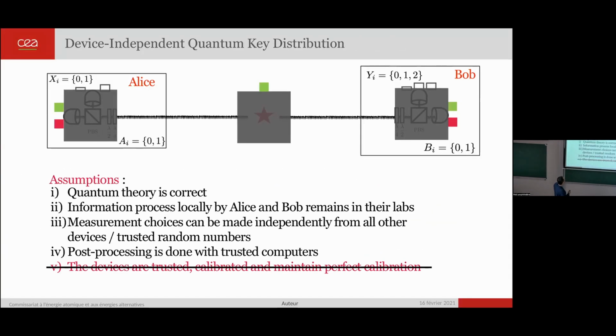Those are the remaining assumptions, right? Of course, what we do is we have a theorem, and the theorem relies on assumptions. So as long as you satisfy the assumptions, then you have the security, 100%. But maybe the first one, if someone has an idea to break this one, I'd be interested to talk to them. But it's actually possible to break some of the others in a practical implementation.